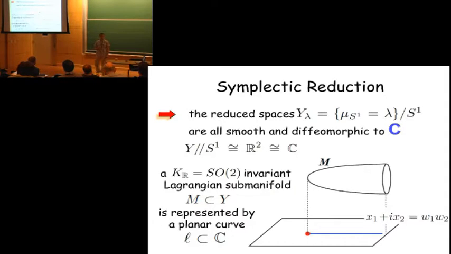Again, on dimensional grounds in this problem, every line or every one-dimensional subspace in R2 obviously is Lagrangian. So in two dimensions, this condition is not very restrictive. But one interesting property which this figure illustrates is that these Lagrangian submanifolds may, in fact, end at a special point where the circle action had a fixed point.